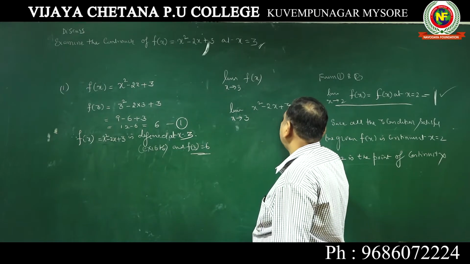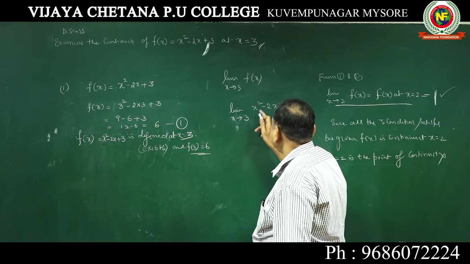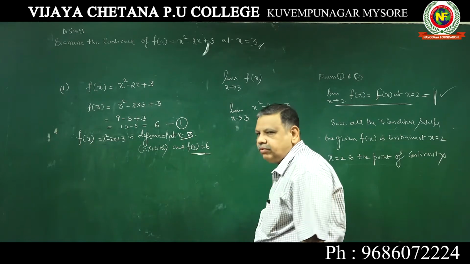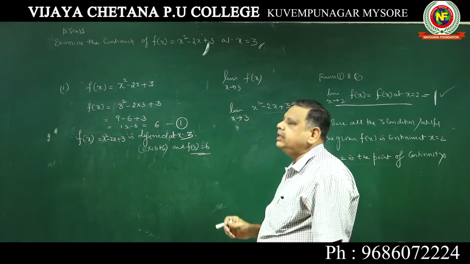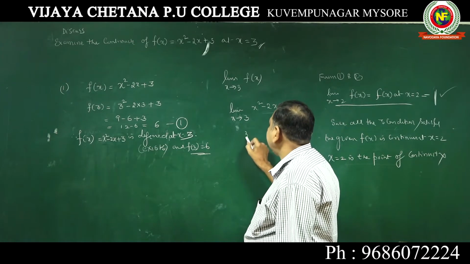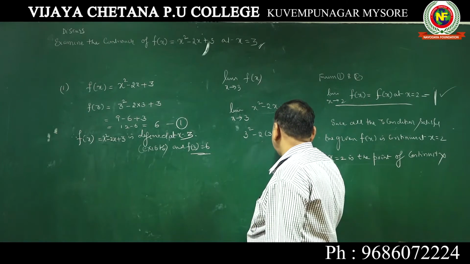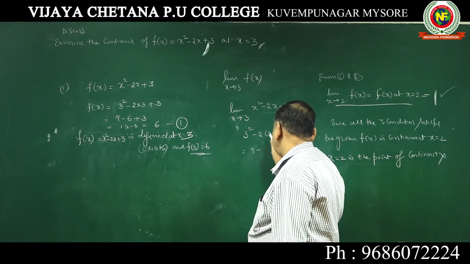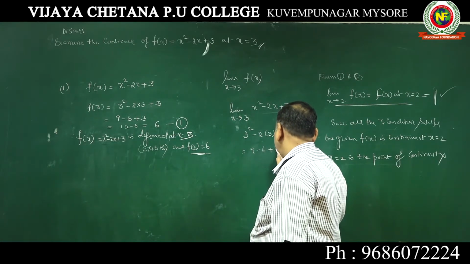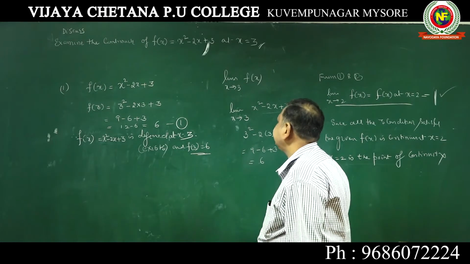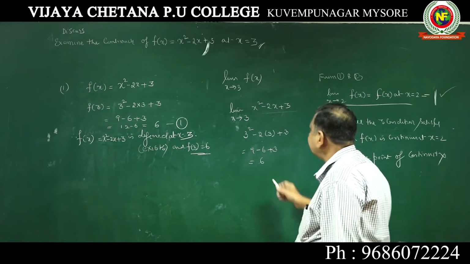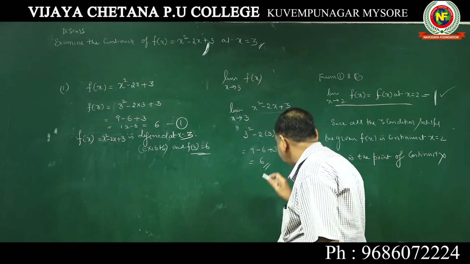Putting 3 in place of x, as you know how to calculate limits, 3 square minus 2 into 3 gives 9 minus 6 plus 3, which is also 6. So you got the limit extending to 3 of this as 6.